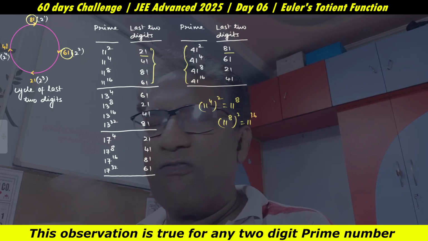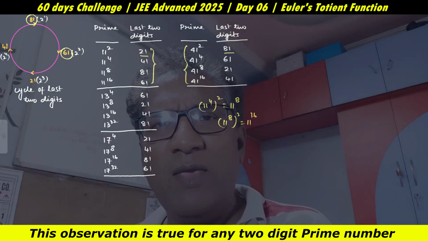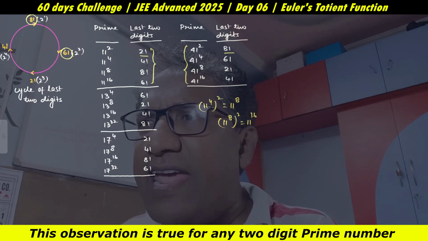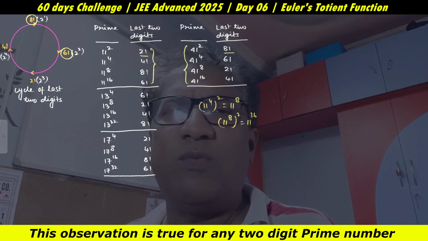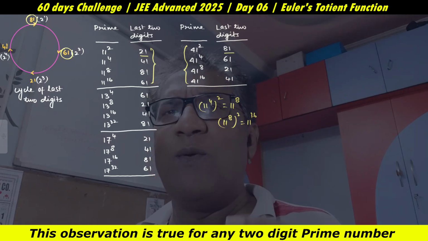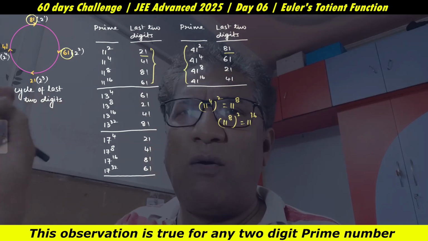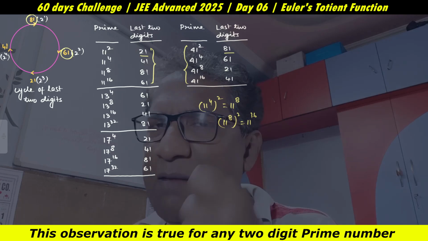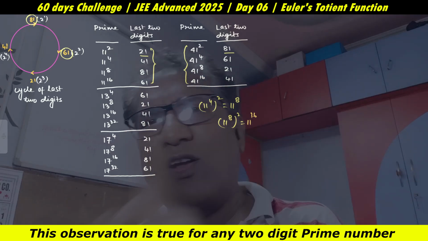First of all, if you have been given any prime, you first square it and see whether anything out of 81, 61, 21 or 41 is coming or not. At maximum, that prime to the power 4 will give you one of these 4 numbers. In most cases, if you square it, you are going to have that number.